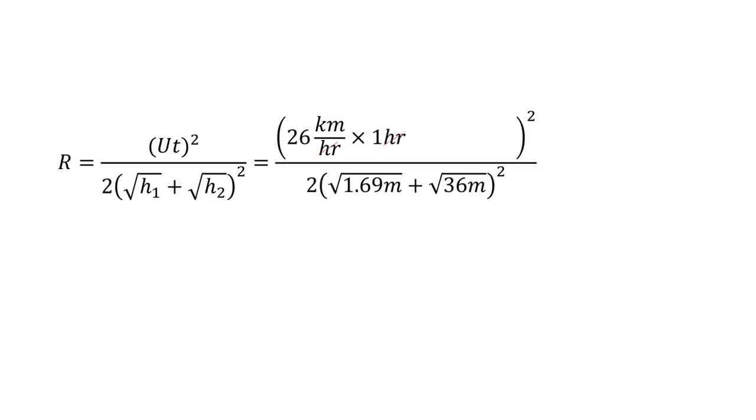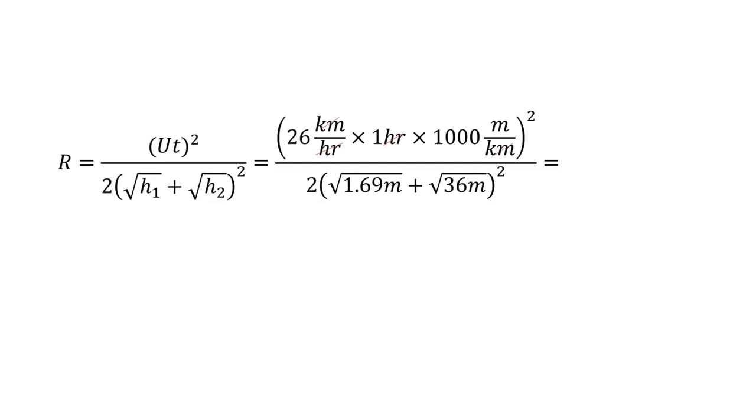Now we need the unit of height in the numerator and denominator to be equal. So we choose to multiply the numerator by 1000 meters per kilometer, because we know that 1 kilometer is equal to 1000 meters.